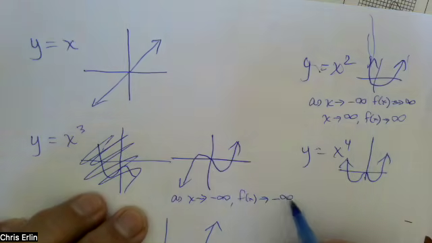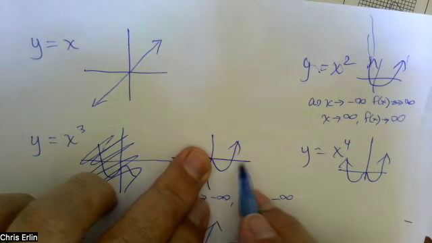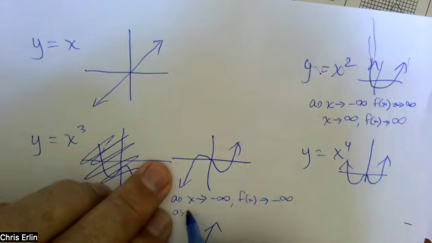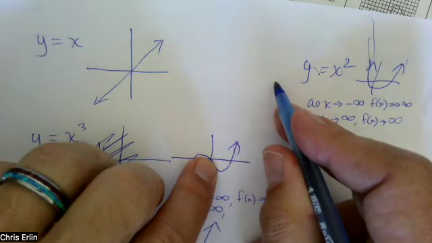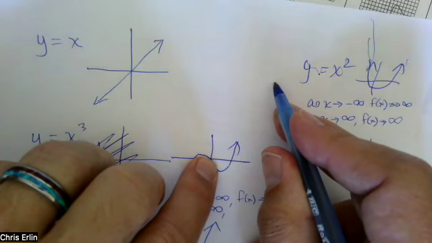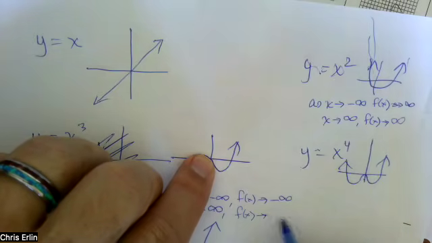Negative. Now let's go back and look here. As x gets bigger and bigger, so as x approaches positive infinity, what happens to the y value? What does it approach? Positive infinity.